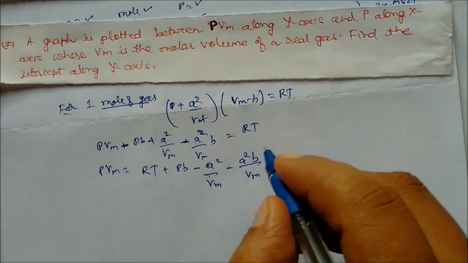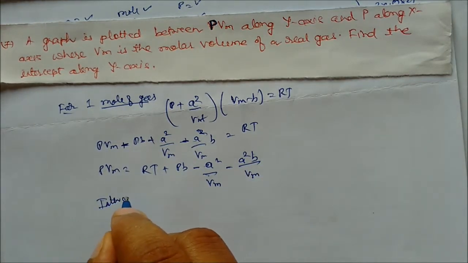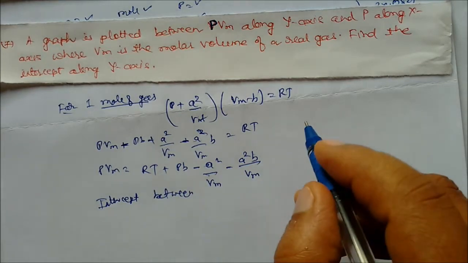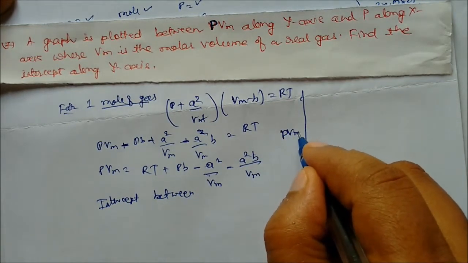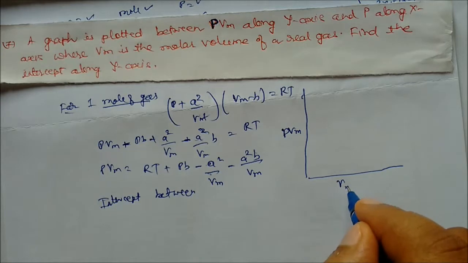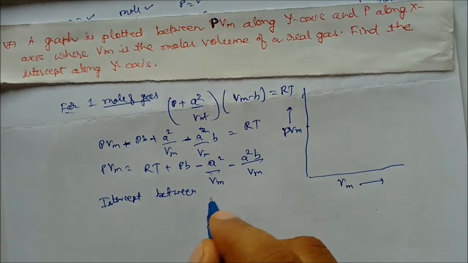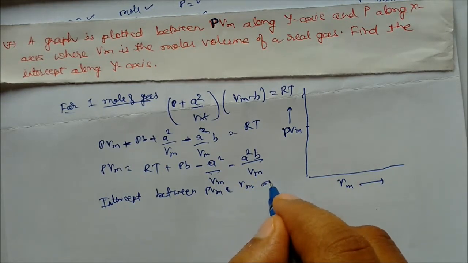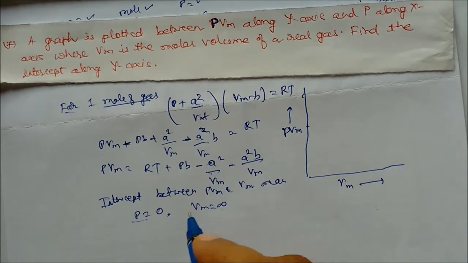Now to find the intercept between two values, we have the graph like this. This is the graph of PVm, and this is the graph of Vm. We have to find the intercept between PVm and Vm. Mathematically, if you take P equal to 0, Vm will be infinity, a large value.